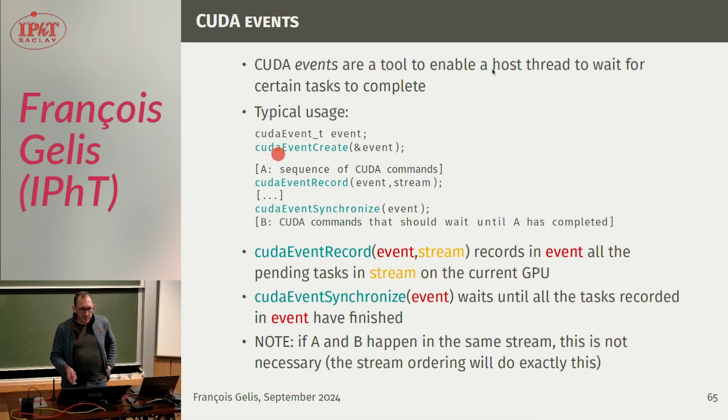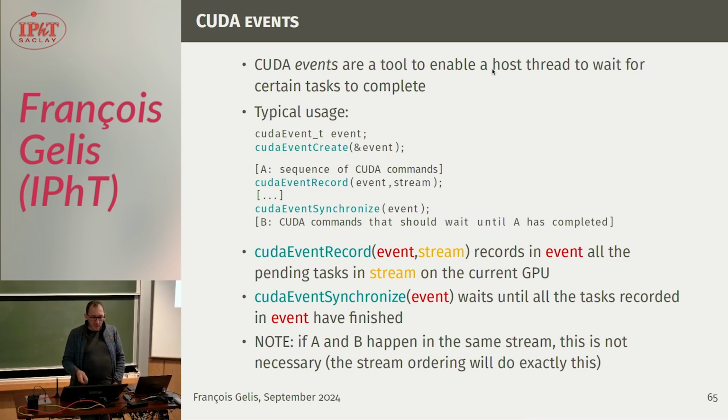Then what you do is you issue all the commands of the sequence A. You call the command cudaEventRecord with this event created, mentioning the stream we want to record. What this command will do is store in this event variable all the unfinished tasks that are still in the queue at the moment you call it.